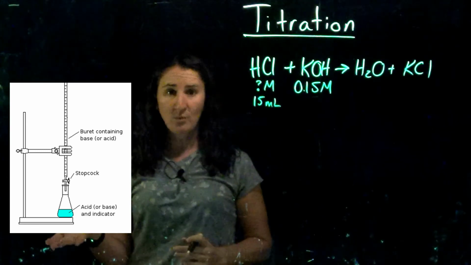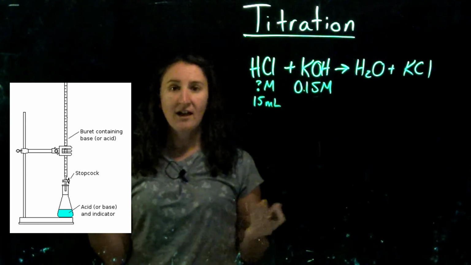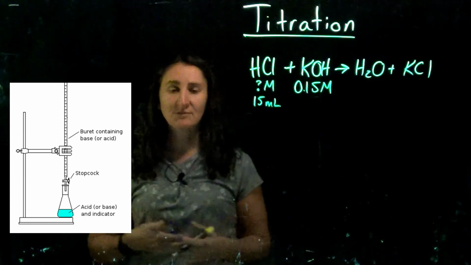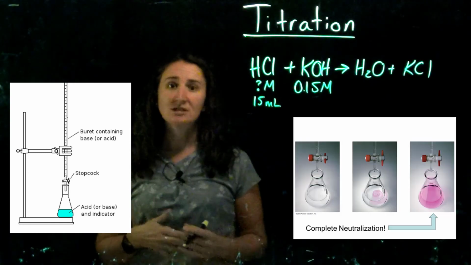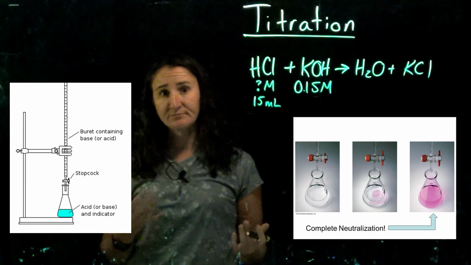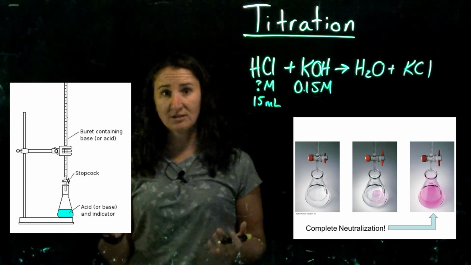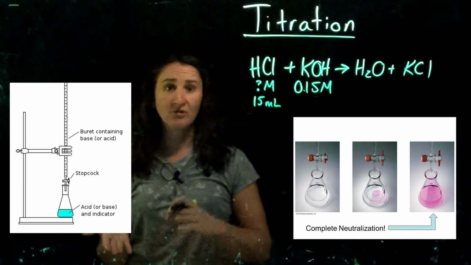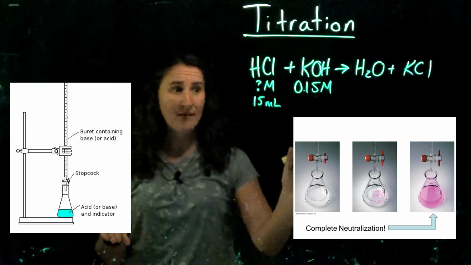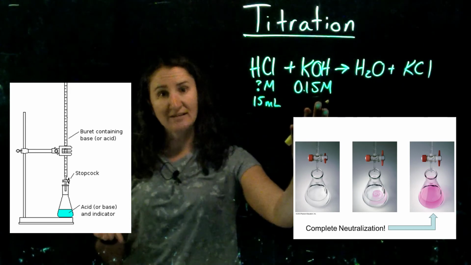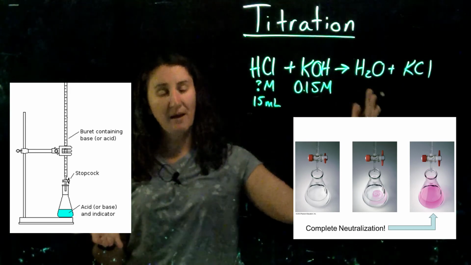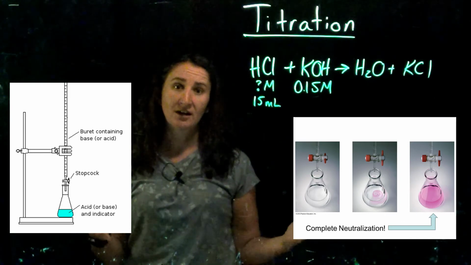And then with that, we're going to put an indicator. For most of our reactions, we're going to use something like phenolphthalein, which is simply a colored dye that is one color at one pH, and whenever you change its pH slowly with time by adding something like potassium hydroxide, making it more and more basic, it changes color.